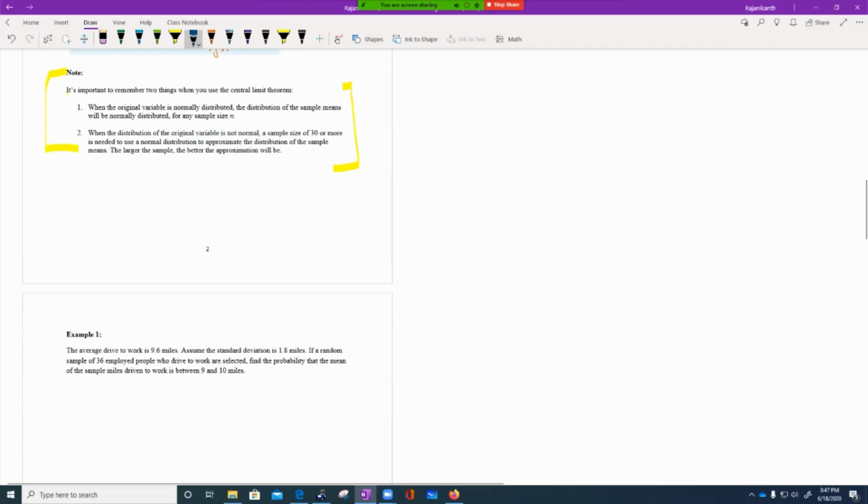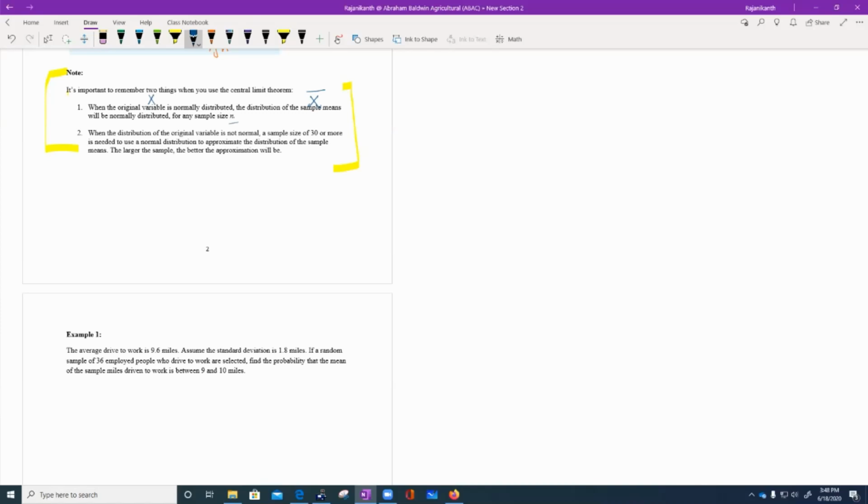It is important to remember two things when you use the central limit theorem. When the original variable x is normally distributed, then the distribution of the sample means, that is the distribution of x bar, will always be normal. If the original one is normal, then x bar is also going to be normal, for any sample size little n.